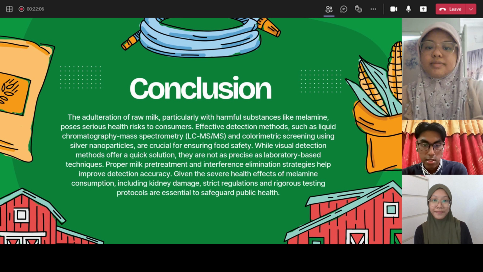While visual detection methods offer a quick solution, they are not as precise as laboratory-based techniques. Proper milk pre-treatment and interference elimination strategies help improve detection accuracy. Given the severe health effects of melamine, such as we previously discussed, including kidney damage, strict regulation and rigorous testing protocols are essential to safeguard public health.